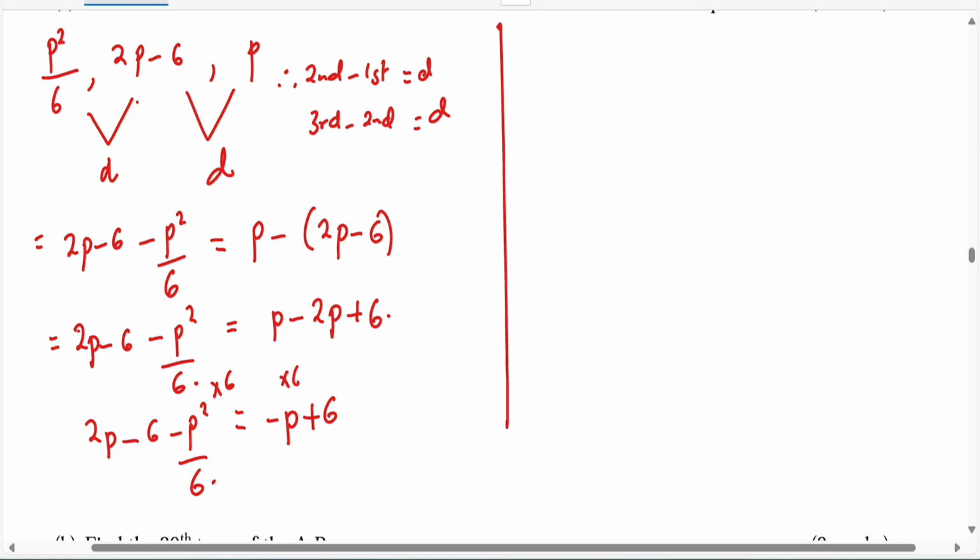So in which ukiandika vizuri 6 times 2p ni 12p minus 36 minus p squared, ile 6 itatoka, sawa, na hapa itakuwa minus 6p plus 36. Mpaka hapa tumeelewana.